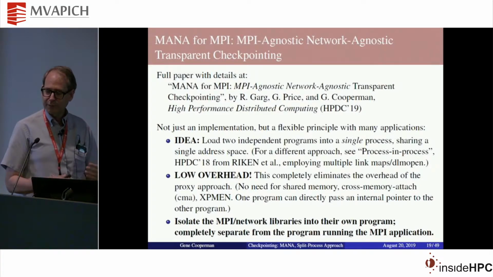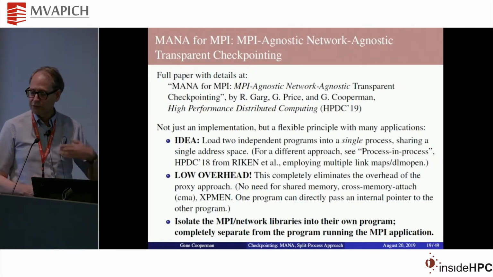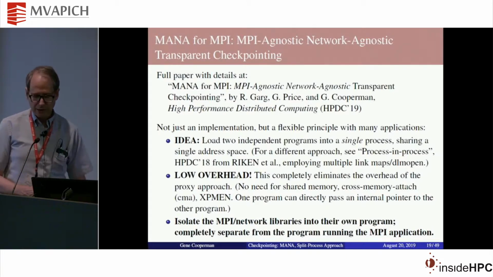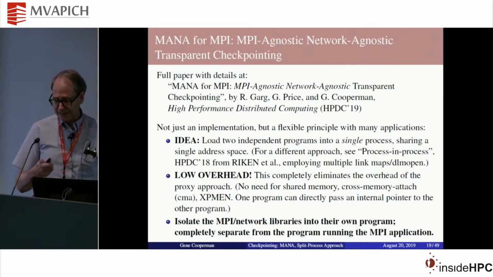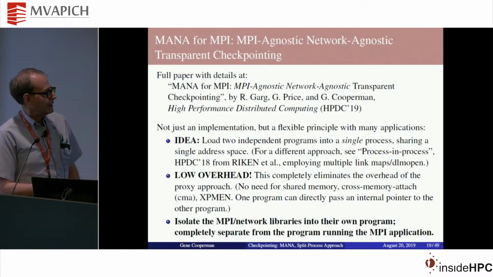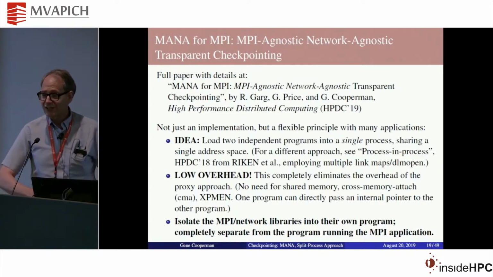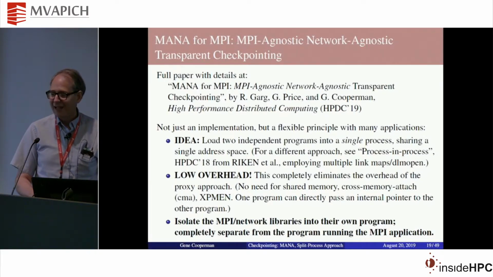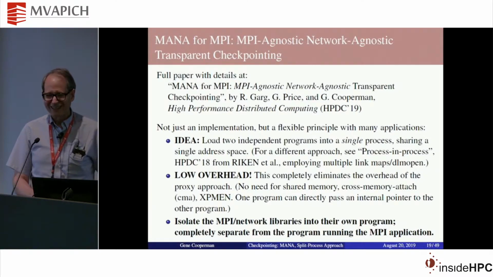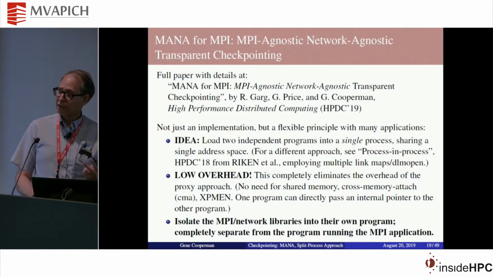We also guarantee there will be no address conflicts. So we run one in upper half memory, another in lower half memory. And that's part of what made this somewhat difficult. But in any case, now finally the MPI and the network libraries are isolated in a separate program. And so when we do a restart, we've now broken that problem into two independent problems.